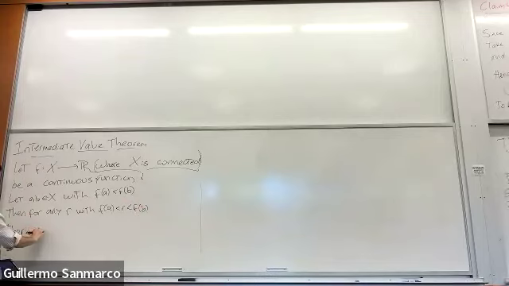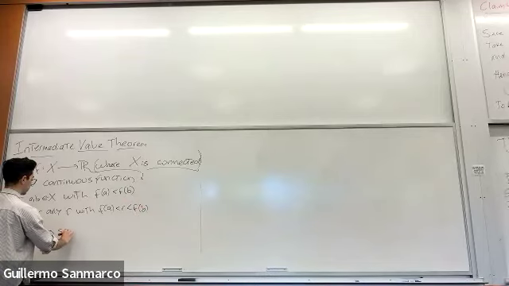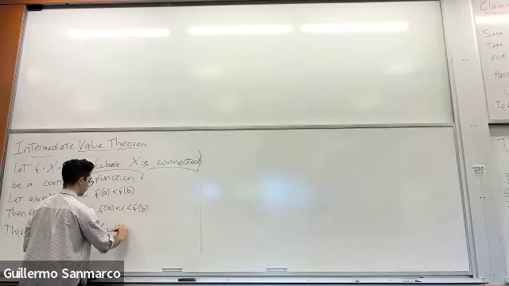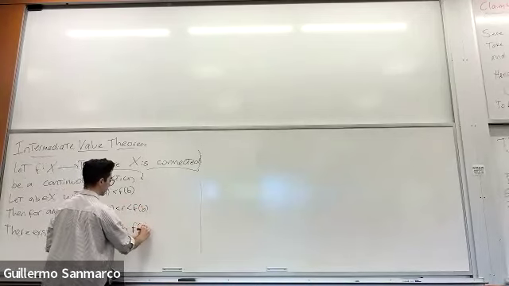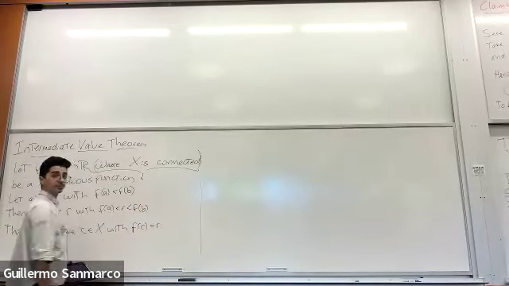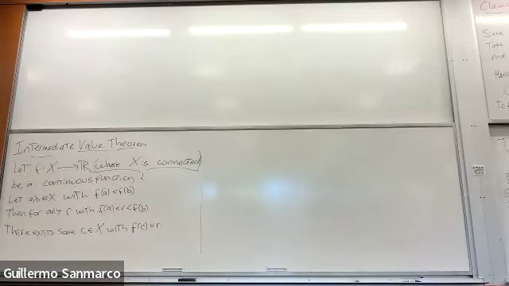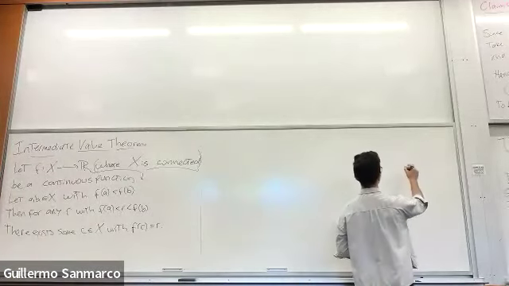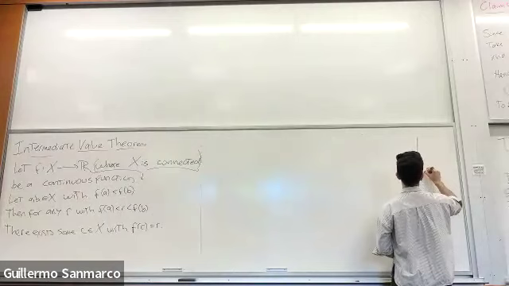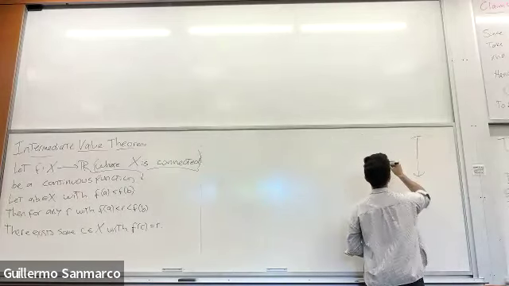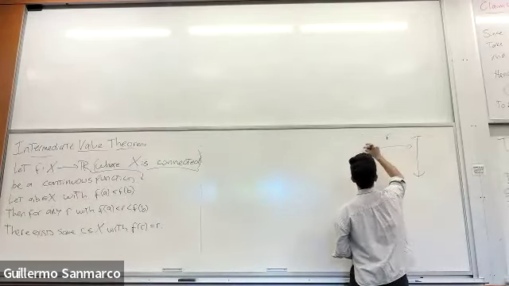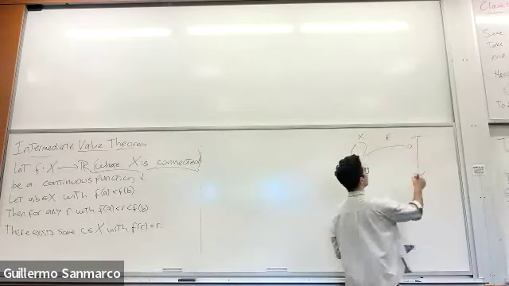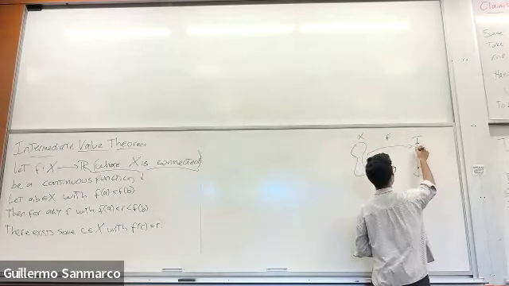There exists some C in X with f of C equals R. And the picture is something like, here's your real line. Here's your f. Here's your X. That's connected. So if you hit 2 guys, then you hit everything in between.